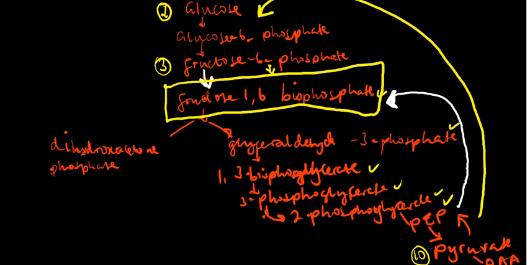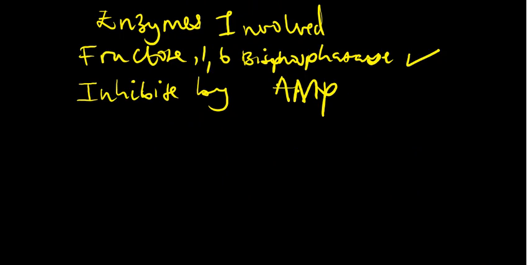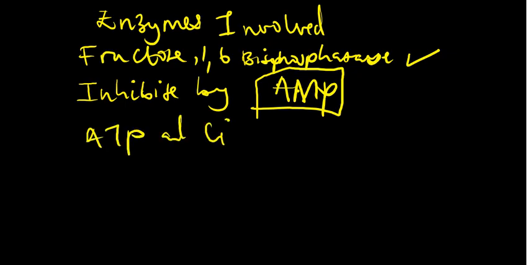In the step that we are at now, they're telling us that high levels of AMP are able to inhibit this enzyme, fructose 1,6 bisphosphatase, while high levels of ATP and citrate stimulate gluconeogenesis.